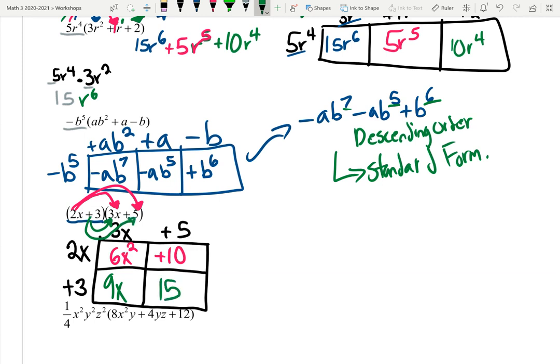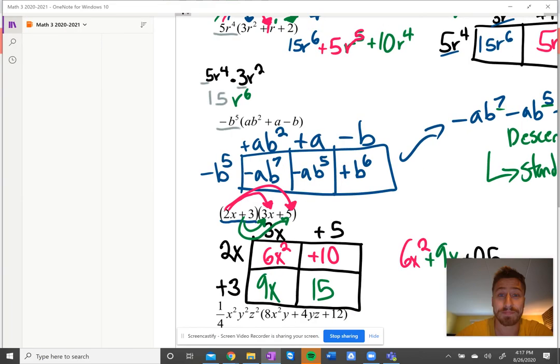I like to represent it this way, where I can easily combine like terms to give my final answer. For standard form, I want to go in descending order, so I'm going to write 6x squared. Next is the positive 9x. And now I see the positive 10 and the positive 15, and I'm just going to combine them. Voila! The binomials resulted in a product, which is a trinomial.